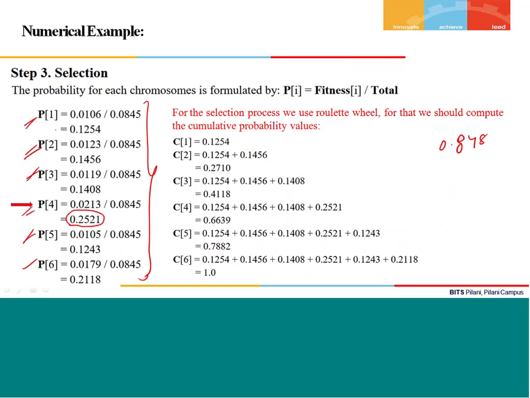Now I want to select these chromosomes for the crossover, right? My first step was to form a population randomly. I did that. Then I evaluated my chromosomes using the fitness function. I did that. I found out which chromosome is having what probability. Now, based on these probabilities, I want to select these chromosomes which will go for crossover.